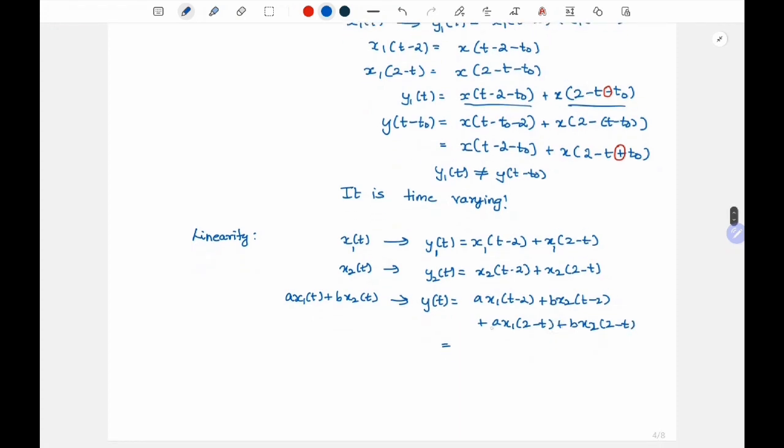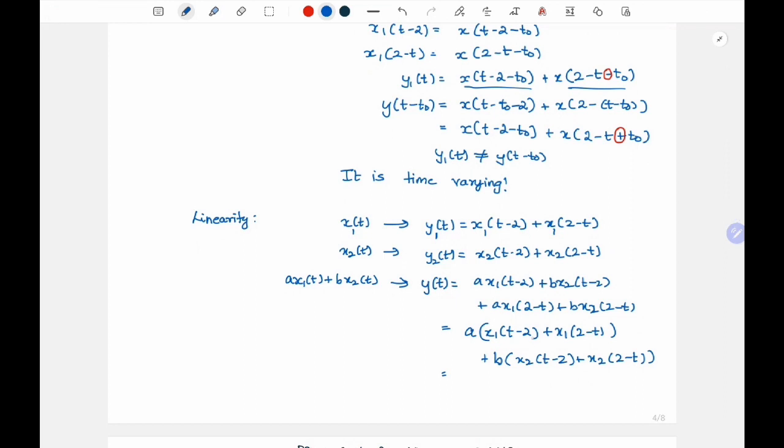Now you can try to group this, right? If you actually see, this is a times x1 of t minus 2 plus x1 of 2 minus t, correct? Plus b into x2 of t minus 2 plus x2 of 2 minus t.